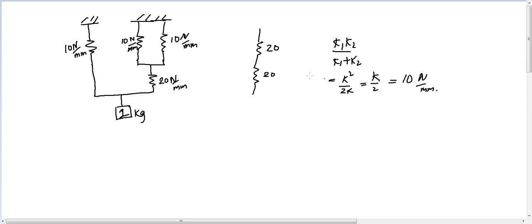Now the equivalent stiffness of all these three springs is 10 newton per mm, and this 10 newton per mm and this 10 newton per mm are in parallel.